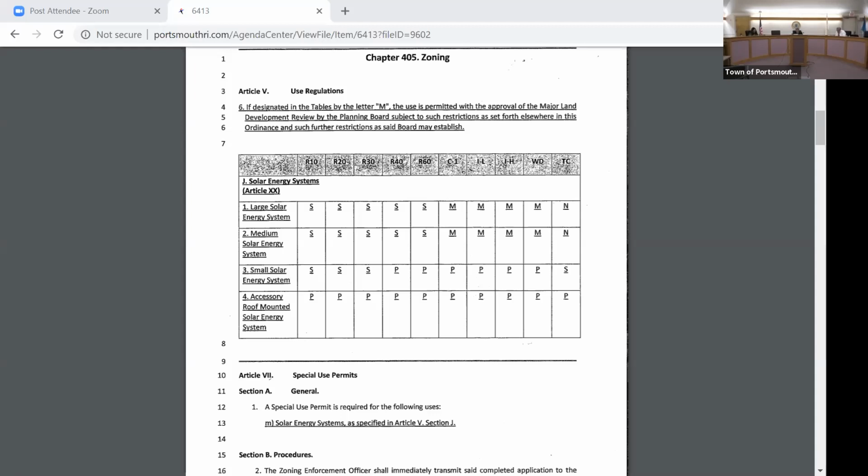It might not always be pleasing to your neighbors, but as long as you build within the ordinance, you should be entitled to build. But I would support special use permits in R40 and R60. That way, all of our residential properties, whether it's an R10 or an R60, the zoning board would have an opportunity to take a look at it.